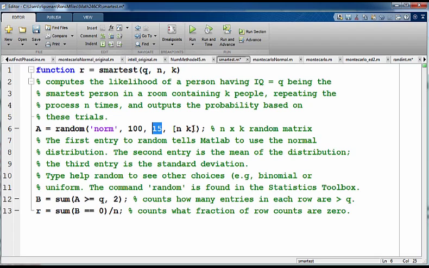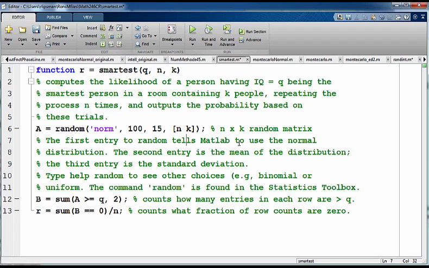And then it will set up an n by k matrix of these values. There will be n rows, and in each row there are k entries representing the k people in the room, and each of those entries is the IQ of that person, selected randomly according to the normal distribution.